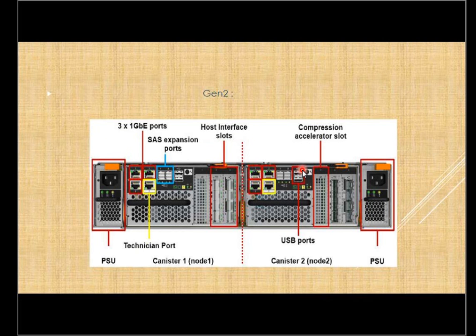What we say here is a canister. In the SVC we used to say nodes. Here it's a node canister we say. As a part of V7000 configuration, it needs to be configured initially for both the canisters on the cluster. Not separately. We need to add this canister to that cluster group.